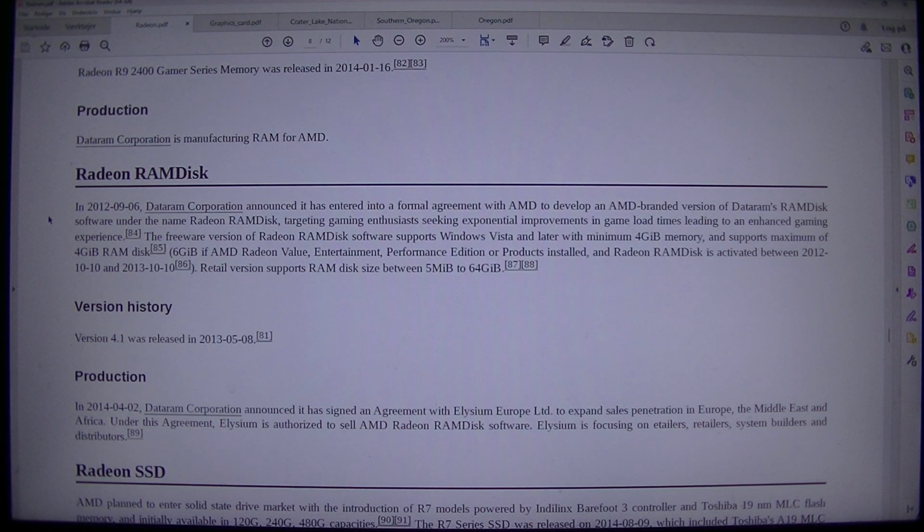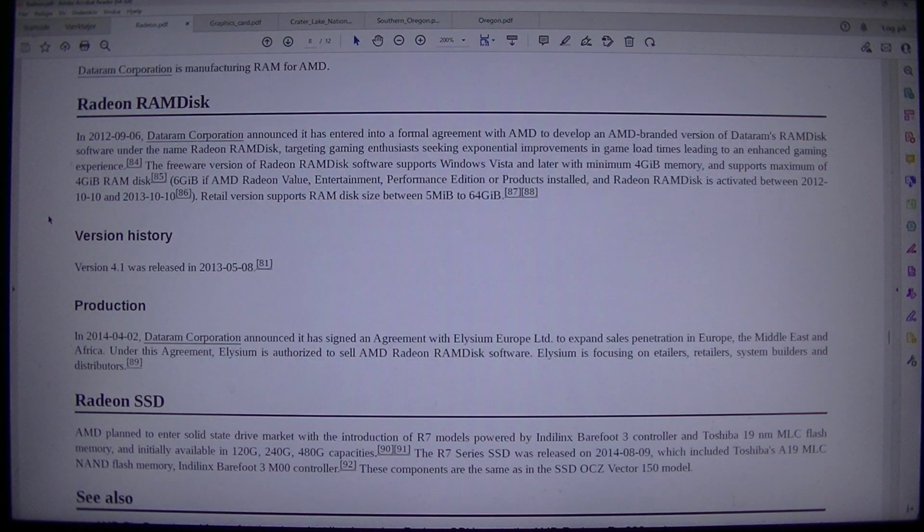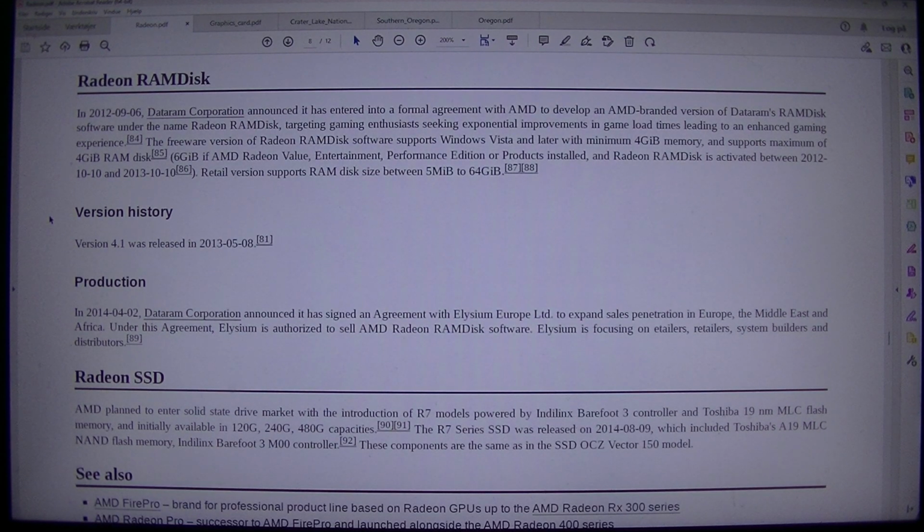Radeon RAMDisk. On the 6th of September, 2012, DatARAM Corporation announced it had entered into a formal agreement with AMD to develop an AMD-branded version of Datarum's RAMDisk software under the name Radeon RAMDisk, targeting gaming enthusiasts seeking exponential improvements in game load times leading to an enhanced gaming experience.